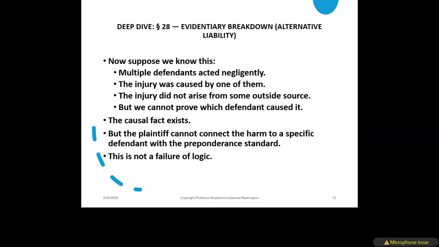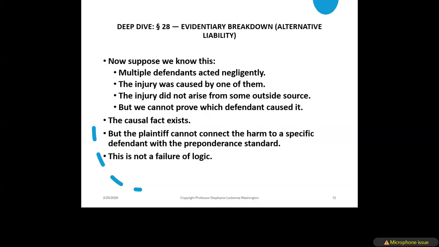Now, let's take a moment and do a diligent review of 28 so that we can then apply 28. 28 is used when we have an evidentiary breakdown, not a logic breakdown, but a proof breakdown. When would that happen? Here's an example. Suppose we have multiple defendants that have acted negligently.